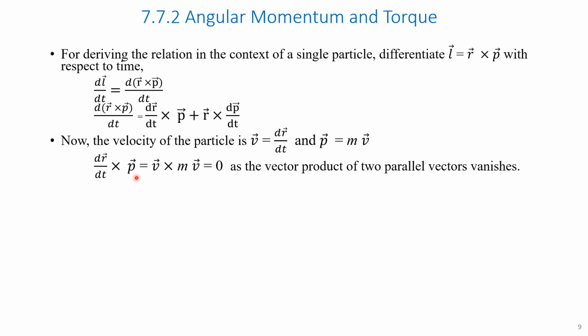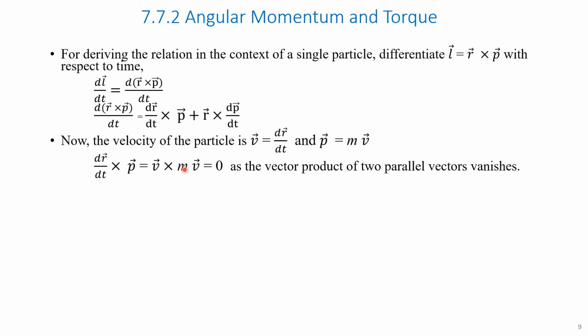Therefore, dr/dt cross p equals, since dr/dt is vector v and p is m times vector v, m v cross v. Taking m as a constant outside, we already know that v cross v is 0.